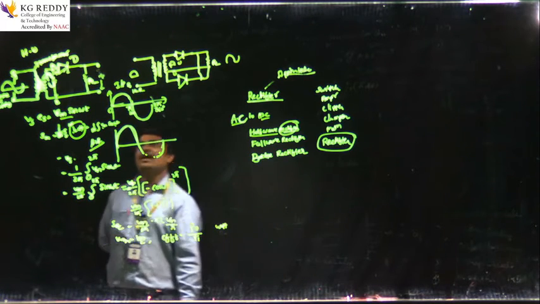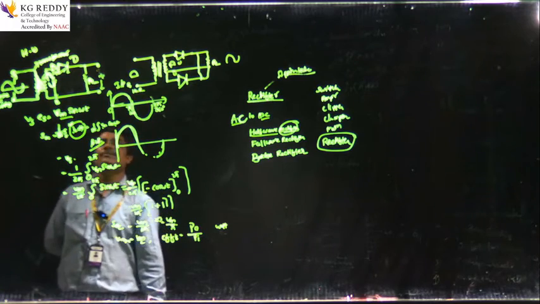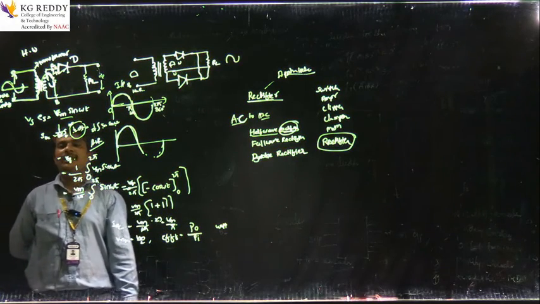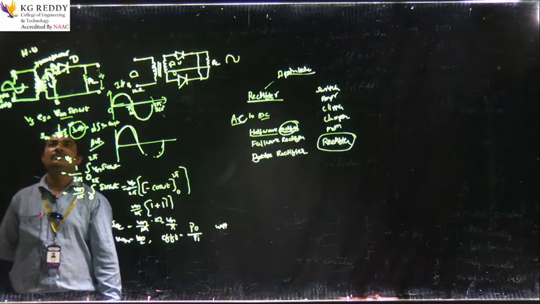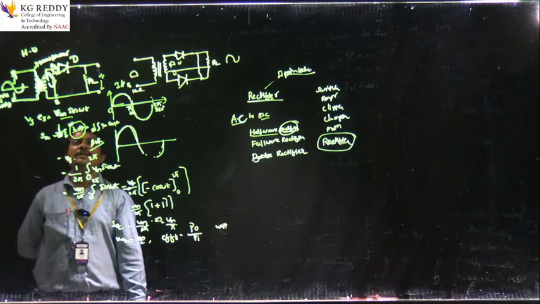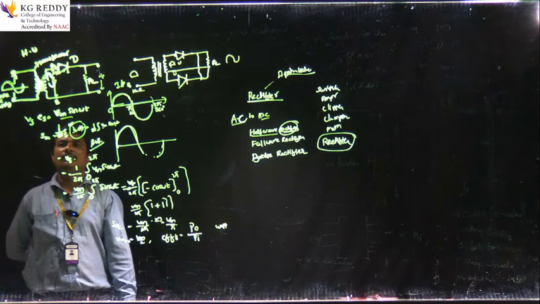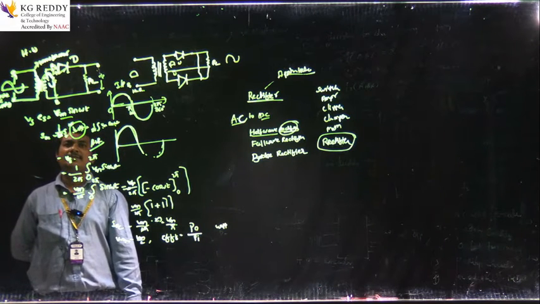Let me ask a question: in this half wave rectifier, how many diodes do we use? A is 1, B is 2, C is 3, D is none. Which one is correct? 1 diode. What is the equation of Vs? Vm sin omega t, Vm cos omega t, Vm tan omega t, or Vm cot omega t.